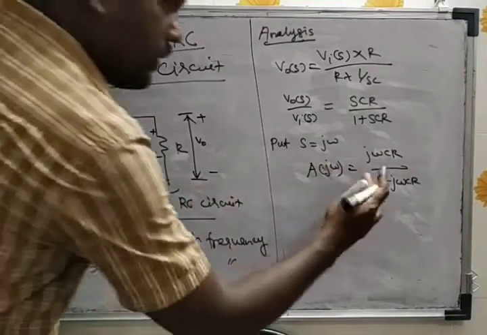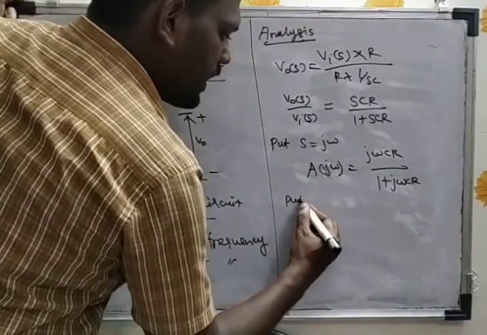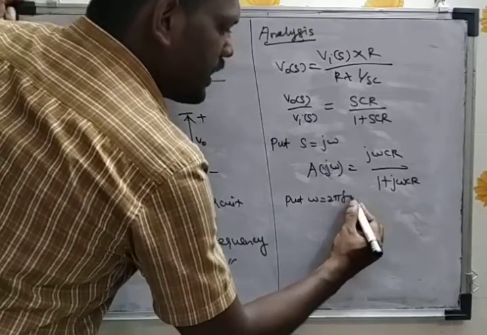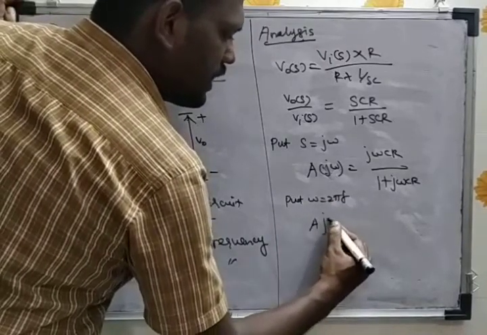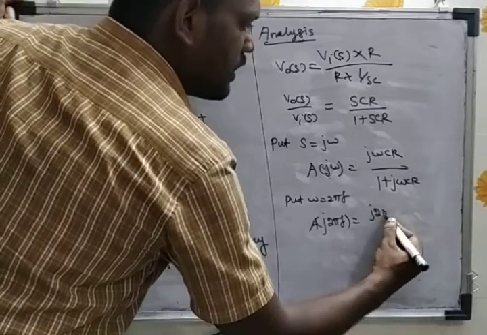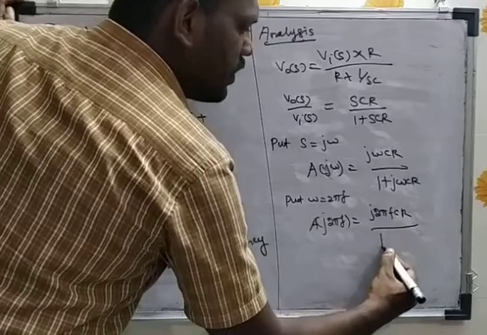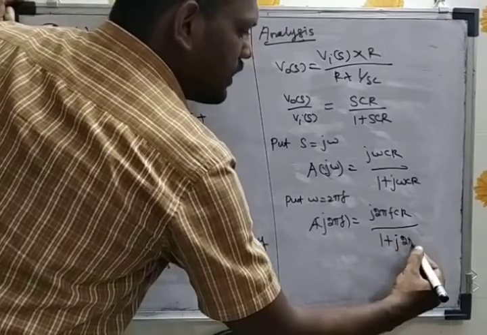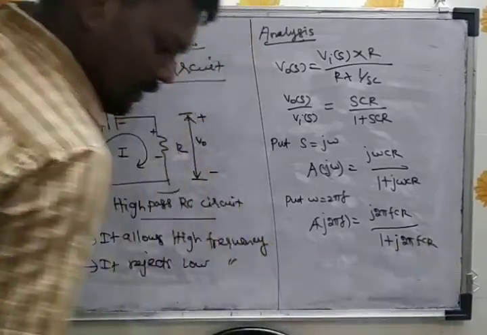Now put omega equal to 2 pi f. A of j 2 pi f is equal to j 2 pi f CR divided by 1 plus j 2 pi f CR.